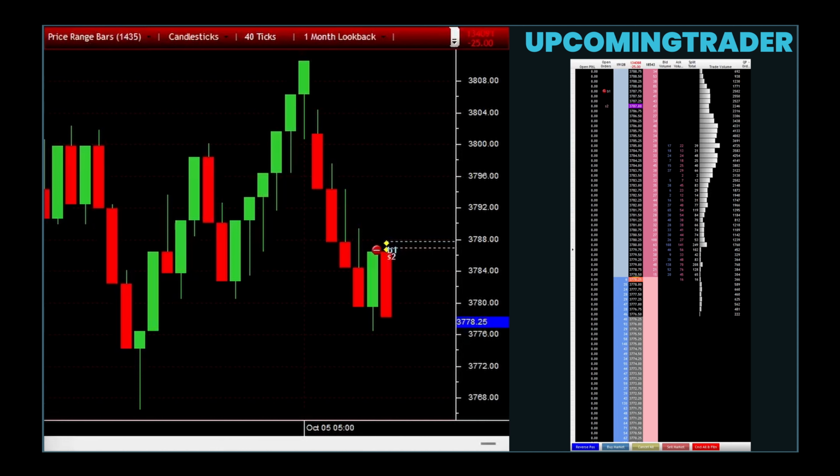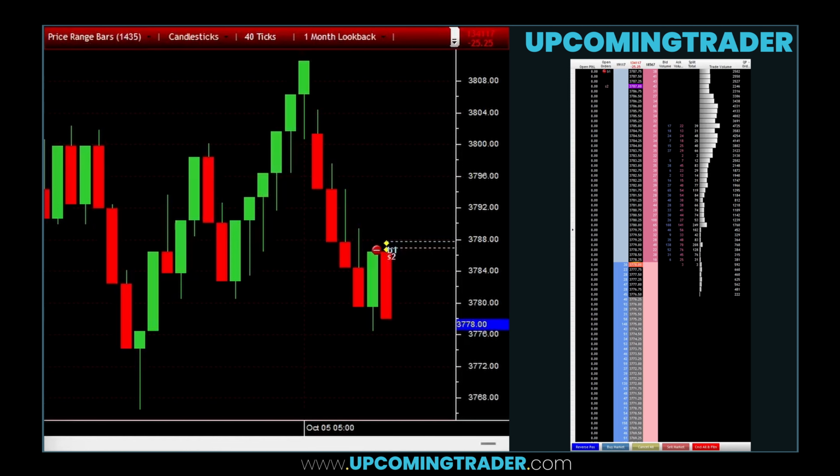Additionally, it is recommended to look for confirmation in the form of a bullish candlestick or an upward movement in the following sessions. This confirmation helps to validate that buyers have indeed taken control and that the downtrend may be reversing.